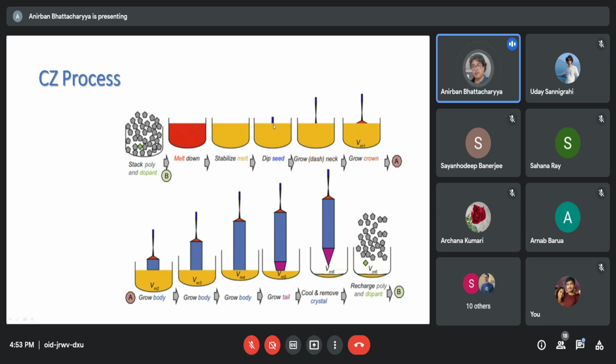The fourth picture. What is the seed doing? It is touching the surface. The moment it touches the surface, that becomes the coldest spot on the surface. And so, where do you think the silicon will freeze first?